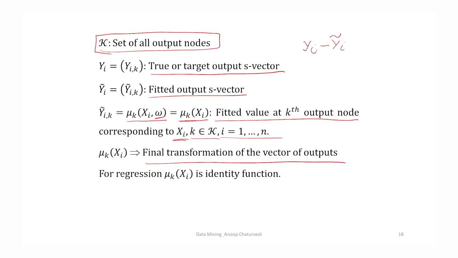We have observed how we get mu_k(x_i): first we transform the input values to get the hidden values, and then we take the transformation from hidden to output, and ultimately you get this mu_k. For the regression problem, you take mu_k as the identity function.